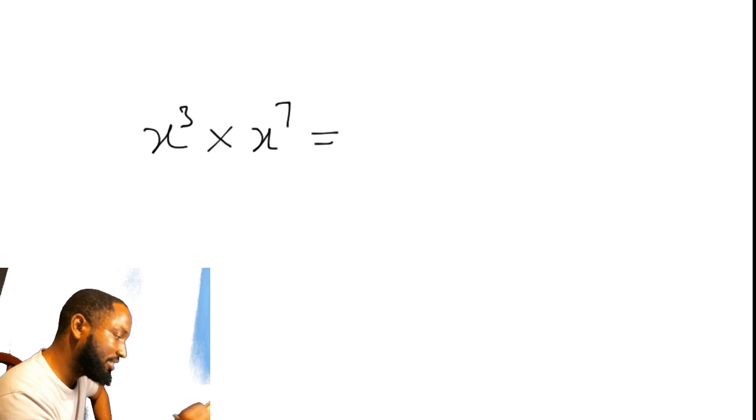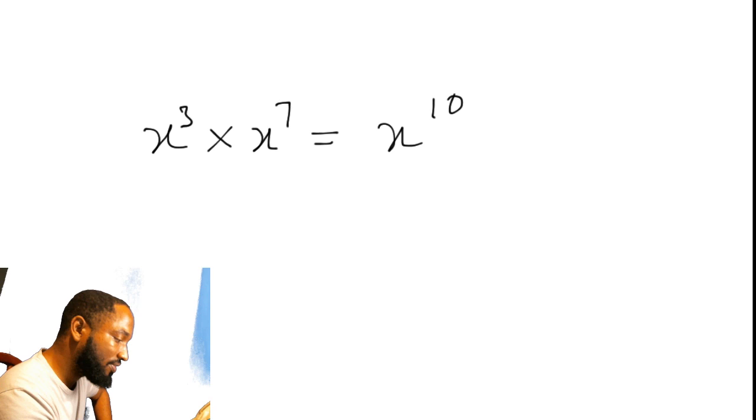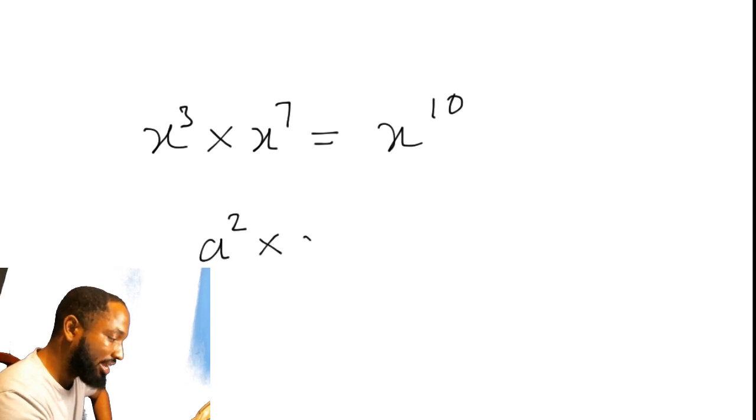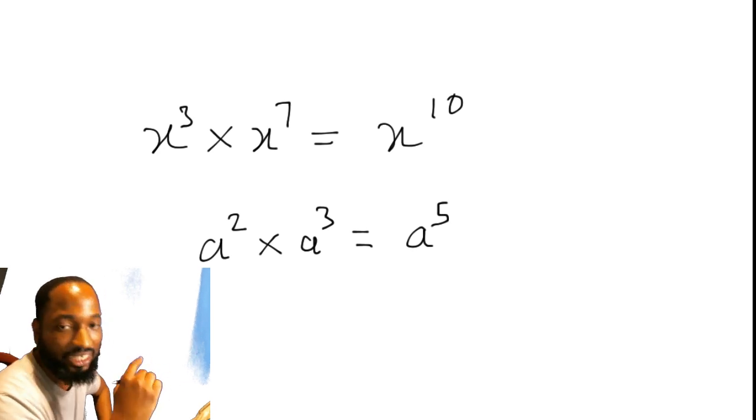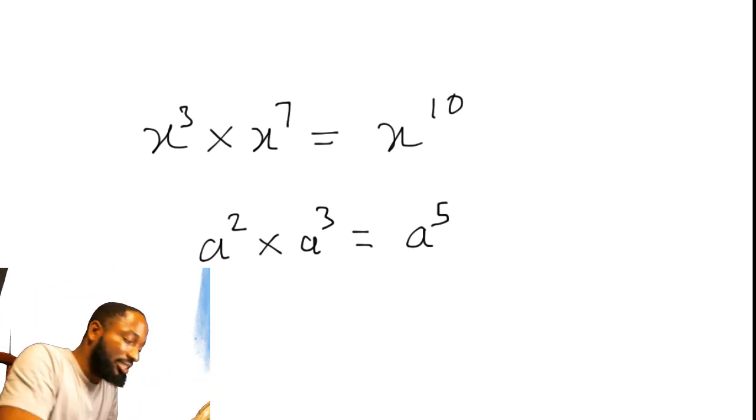So, let's check. Let's take a little more. I am adding the indices. So, if I have x to the power of 3 multiplied by x to the power of 7, this is actually x to the power of 10. If I have a squared multiplied by a cubed, this is actually a to the power of 5. I'm adding the indices, and we did a class on this already.